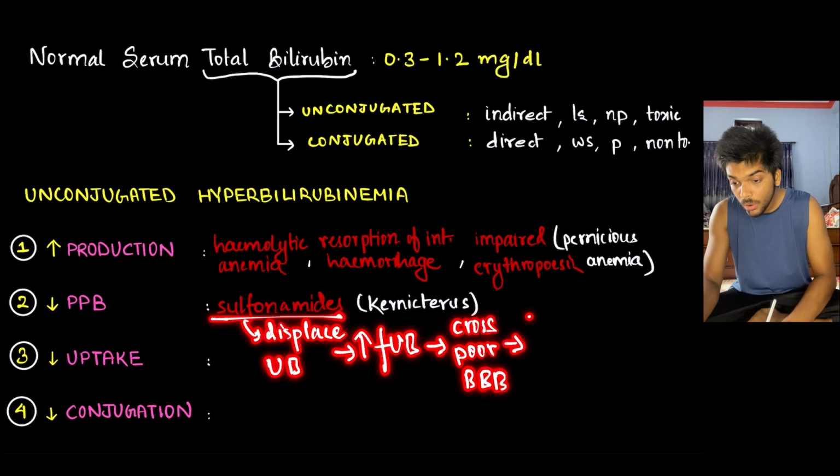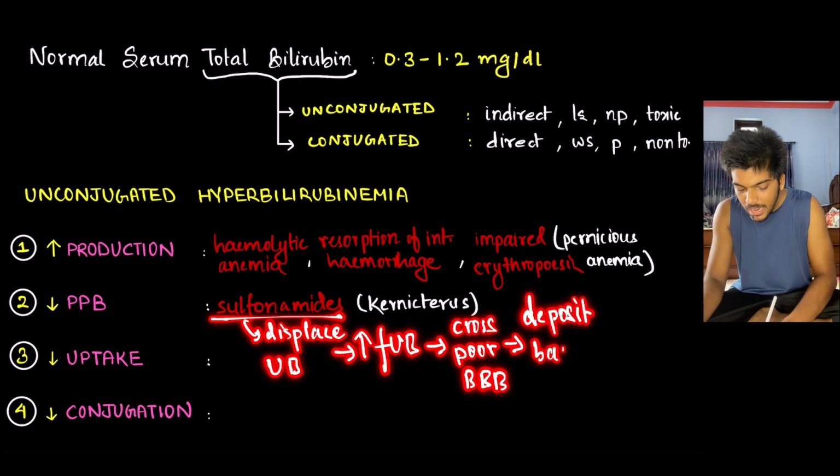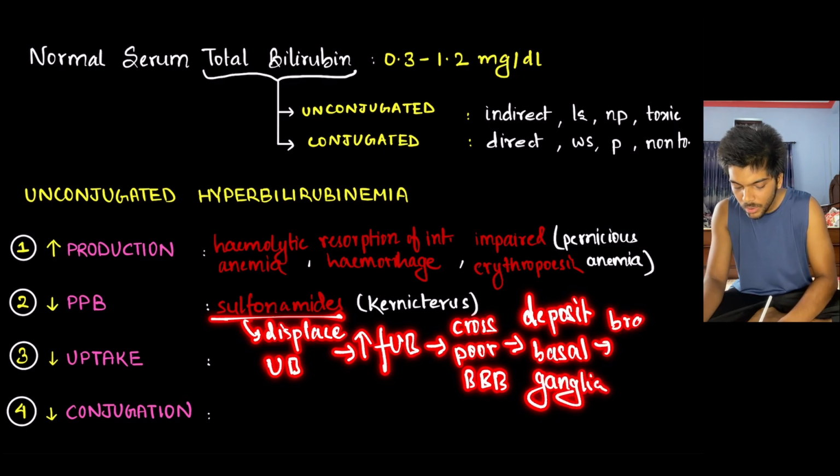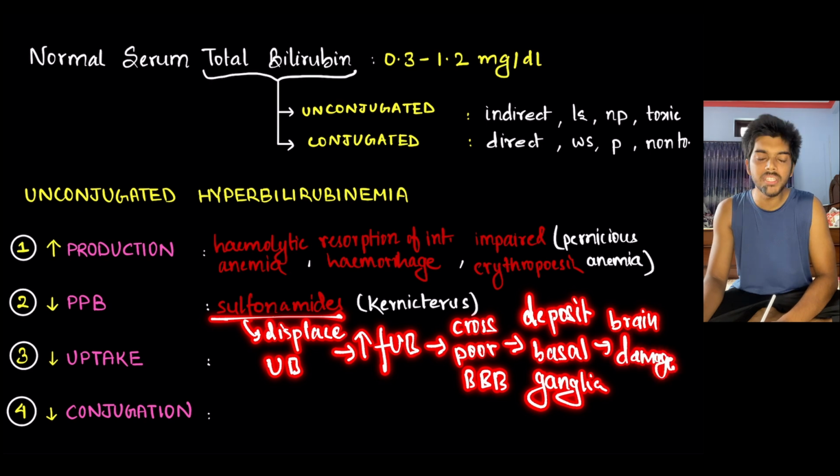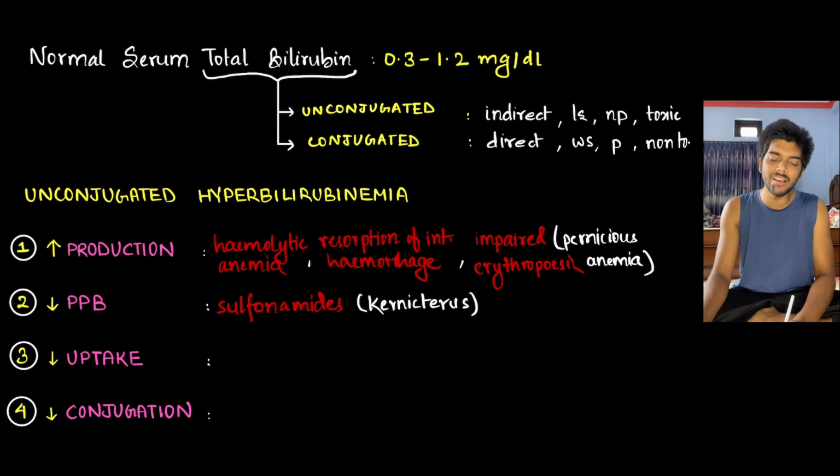And then it will go and deposit in basal ganglia of central nervous system and other nuclei. This leads to brain damage and neurological damage. That is kernicterus. Good. All of this is occurring in a neonate. Remember, because they have poorly developed blood-brain barrier. That's why the free unconjugated bilirubin can easily permeate through it.